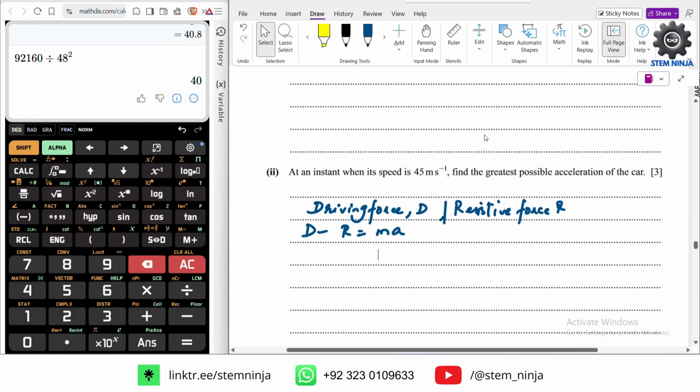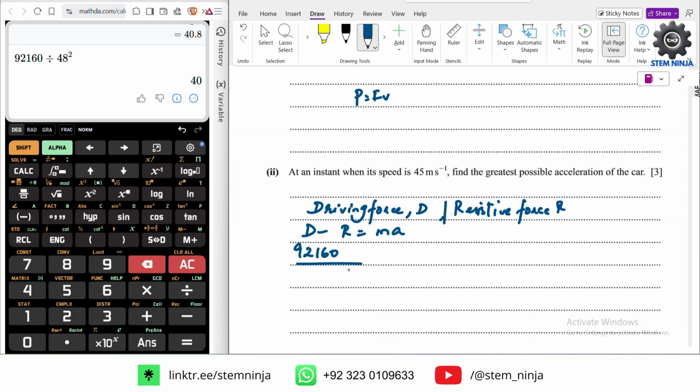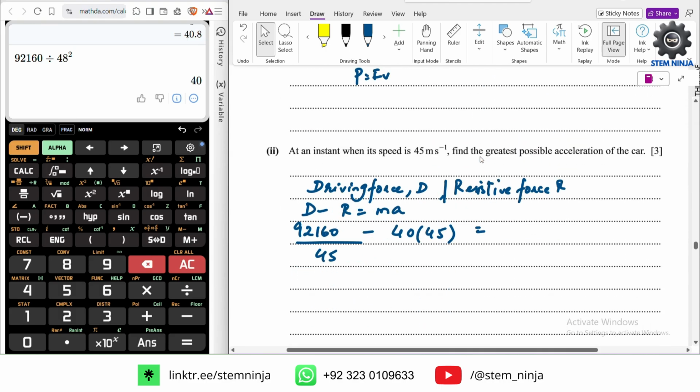Okay, greatest possible. So D is the force. We need to figure out what the force is. That will be, again, power is equal to FV, so 92,160 divided by 45 minus the resistive force K, 40 times 45 equals mass, which is given as 1200 A.